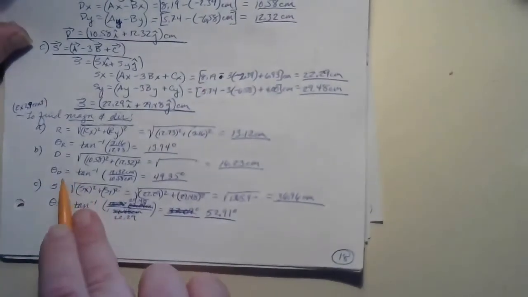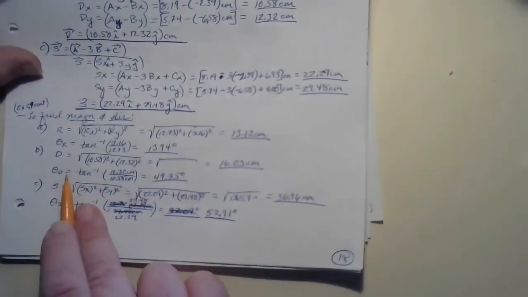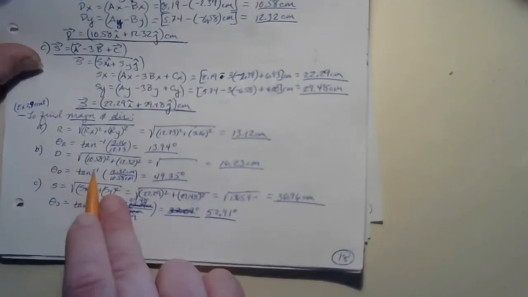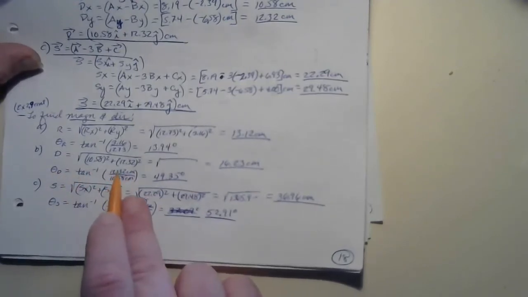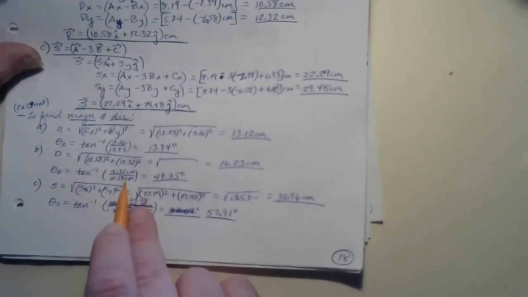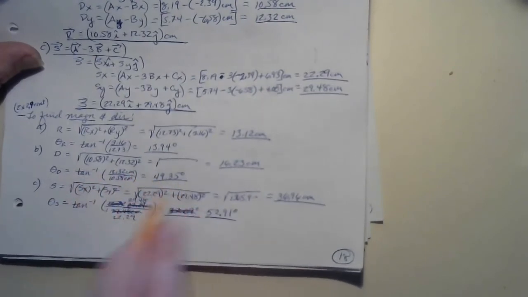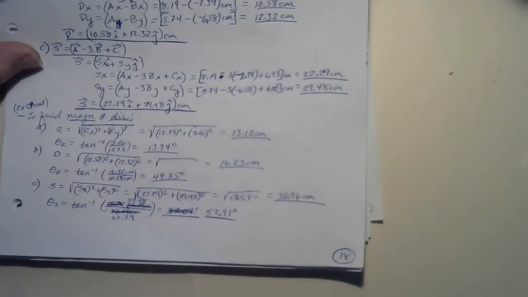And the direction of the difference vector, that is the angle of the difference vector, would be inverse tangent of the y component over the x component. So that's 12.32 over 10.58. When you take the inverse tangent of it, you get 49.35 degrees.